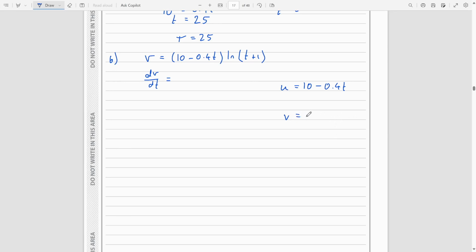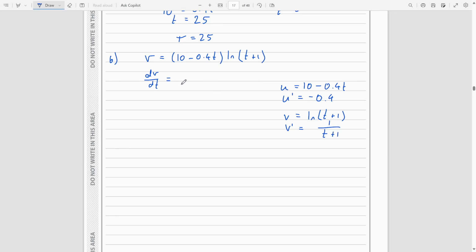So as long as you know that this v down here is not the v in the question, it's okay. So u dashed is minus 0.4, and v dashed is 1 over t plus 1.